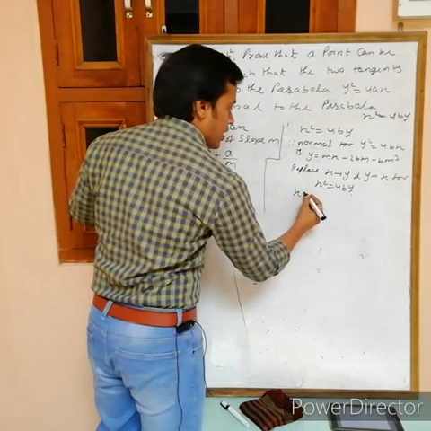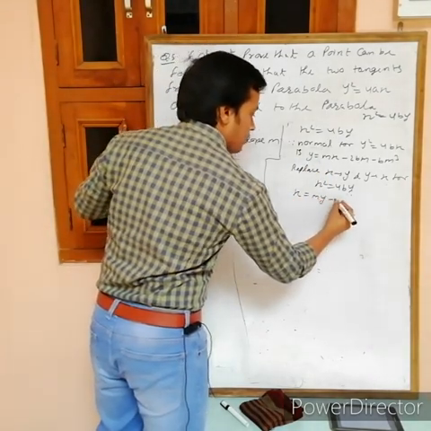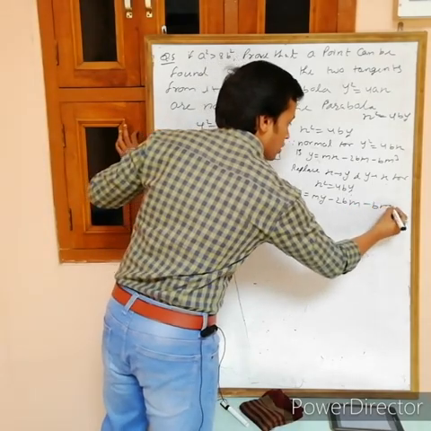So this becomes x equals my minus 2bm minus bm cube.